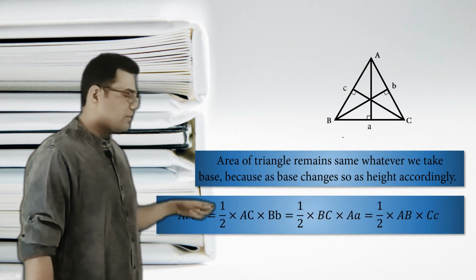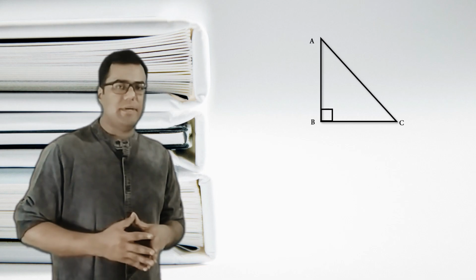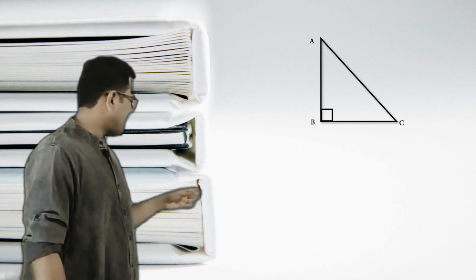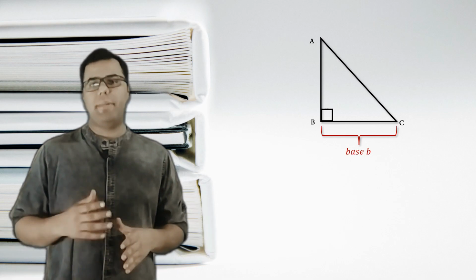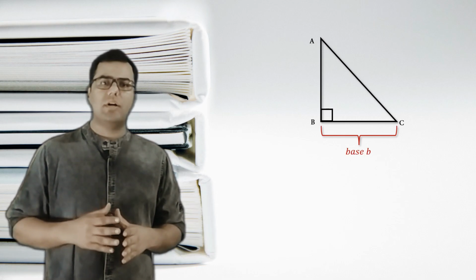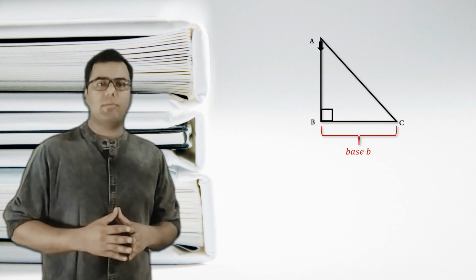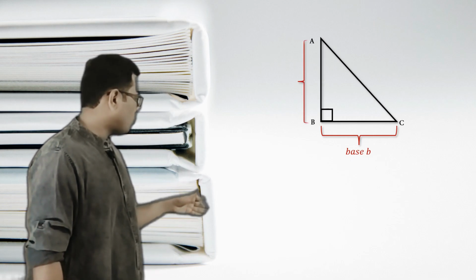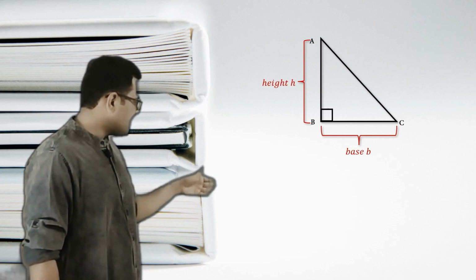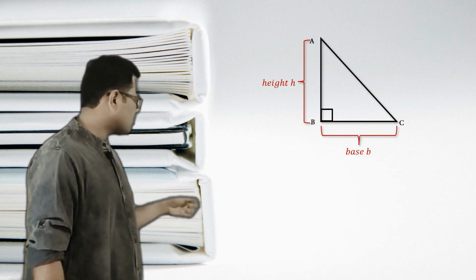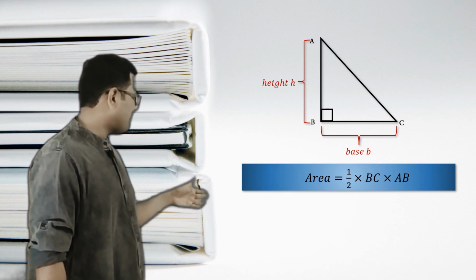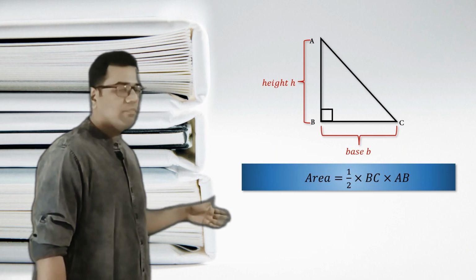Now let's take into consideration this right triangle ABC. In this right triangle ABC, you can see if you take BC as base, then you drop a perpendicular from the opposite vertex A, and the length of this perpendicular is going to be the height. And this is the same as AB. So the area of a right triangle equals 1 by 2 multiplied by BC multiplied by AB.